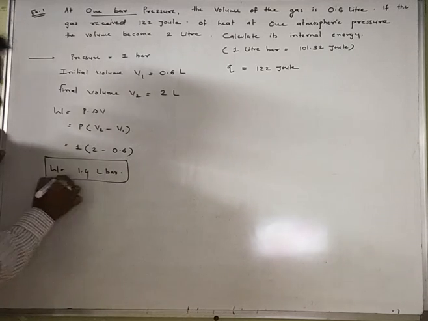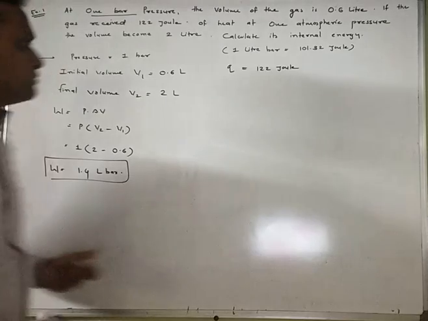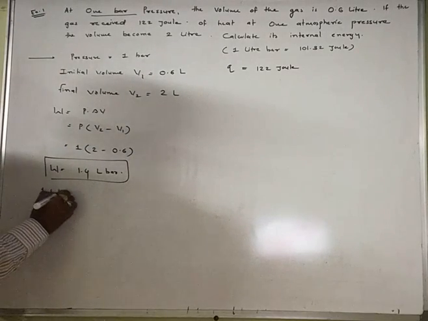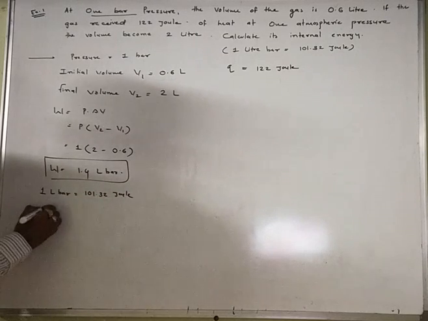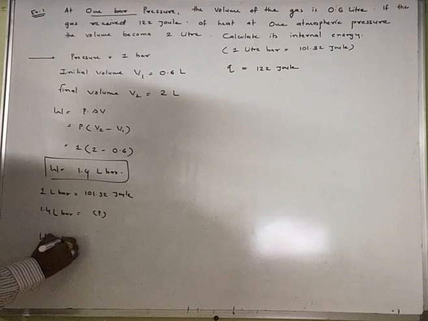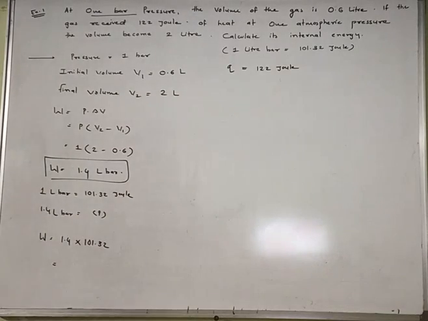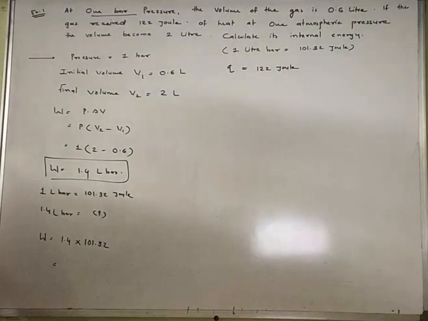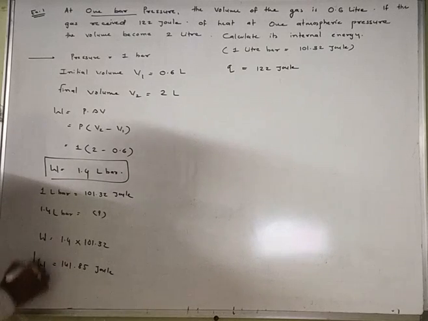This is W. Now convert this into joule, because work should be in joule. 1 liter bar equals 101.32 joule, so W equals 1.4 into 101.32, which gives 141.85 joule.